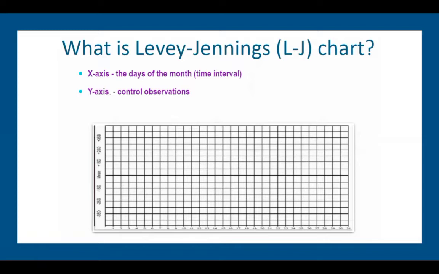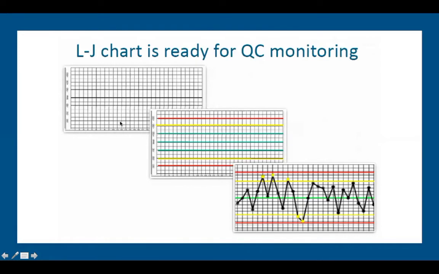If we are running the same level of control multiple times, then we can use the same chart. Now suppose the first day the result is 101. We put a point here, then 100, then 99, 99.5, 100.5, 100. And when these points are joined, this is called a Levey-Jennings chart.